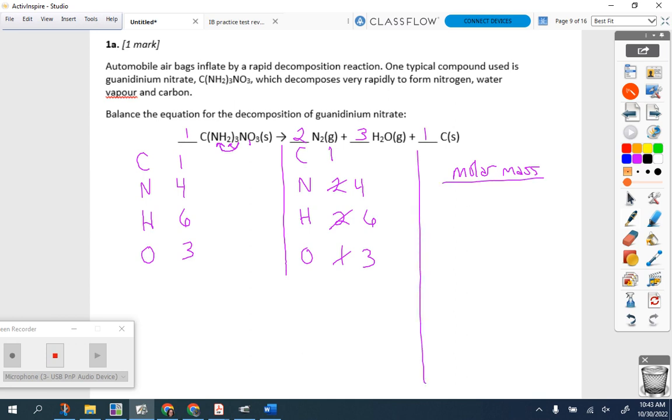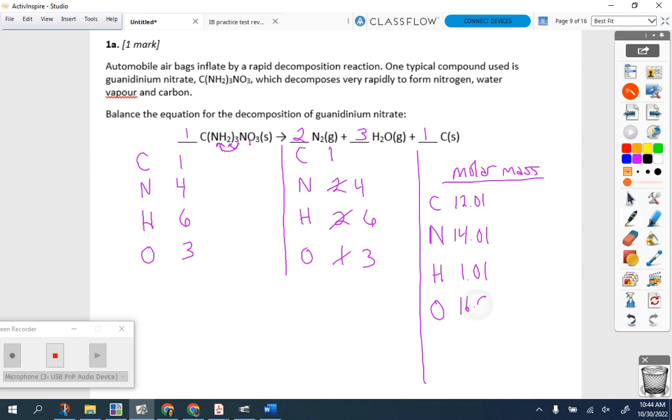So I'm going to find each element on the periodic table. And then I'm going to multiply it by how many of that element I have per unit of my substance.